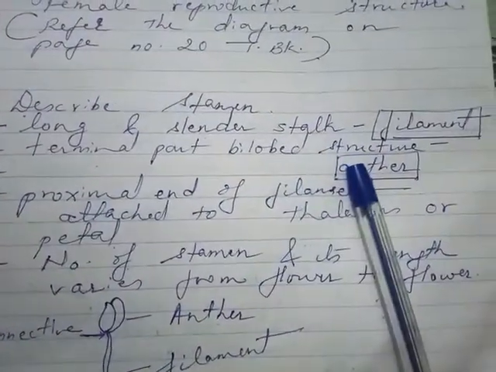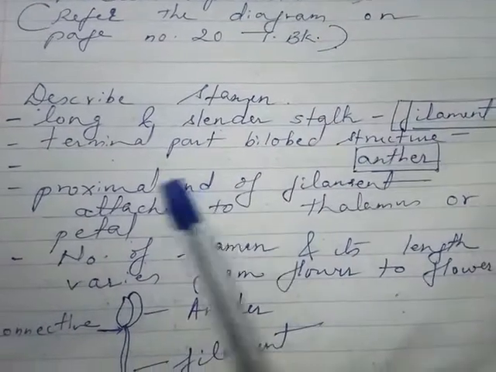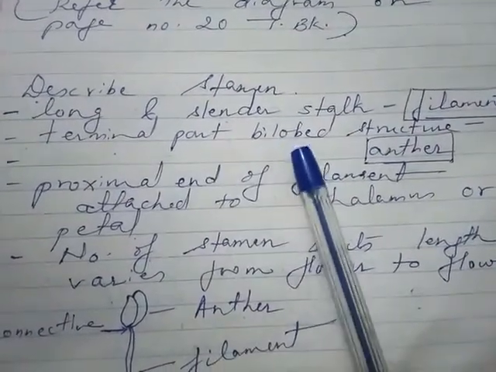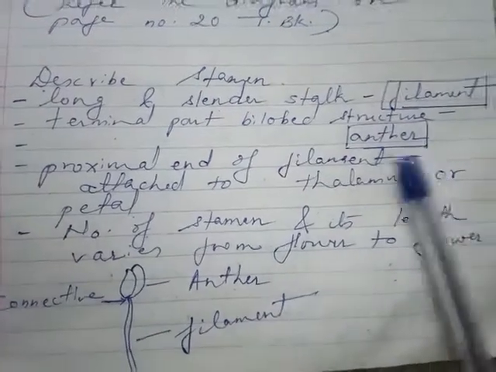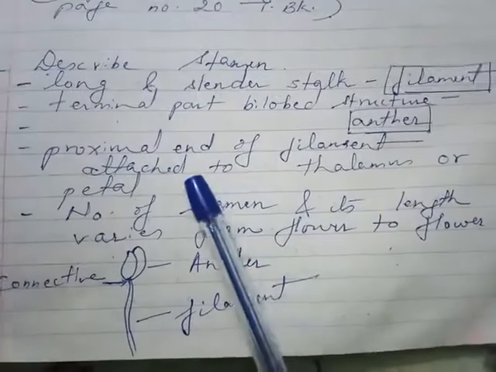Then stamen: the long and slender stalk-like structure is called the filament. Its terminal part is a bilobed structure called the anther, and the proximal end of the filament is attached to the thalamus or petal.